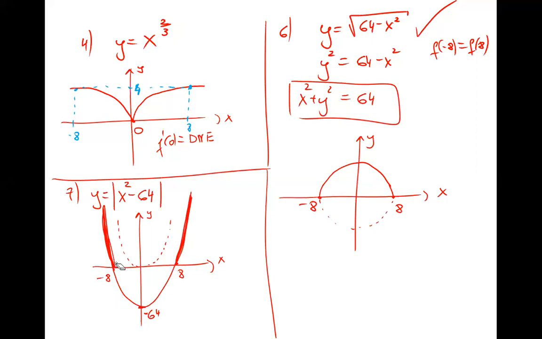The absolute value of negative numbers will become positive. That means I will do the reflection about the x-axis. Okay, I don't need this. Okay, that means that thick graph is the graph of the absolute value of x squared minus 64.